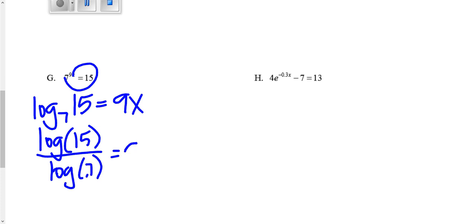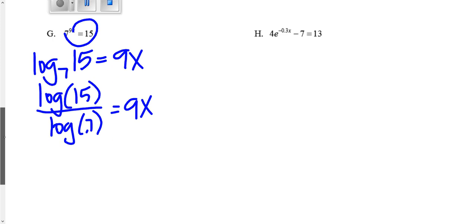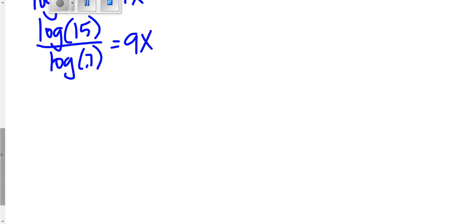That still equals 9x. So I'm going to type that into my calculator. Log of 15 divided by log of 7. And that gives me, if I round to 3 places, 1.392. And remember that still equals 9x.